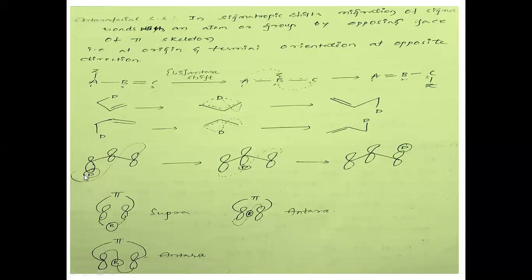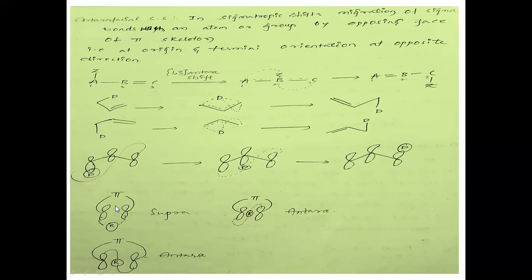The deuterium atom is migrating from the sigma bond in between this p orbital and this s orbital. This deuterium atom is migrating from the lower phase to the upper phase. It proceeds through a cyclic transition state and moves onto the upper phase. In the product, you can see it is at the upper phase. This is what we call antarafacial sigmatropic shifts.